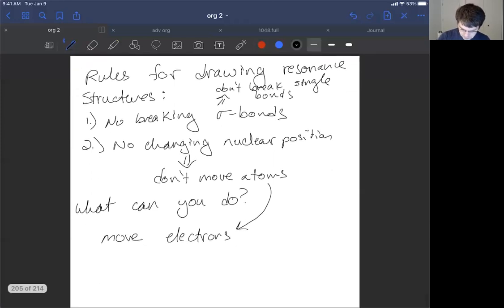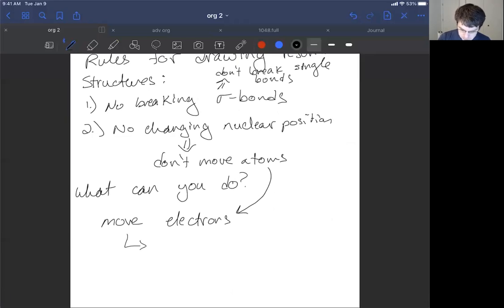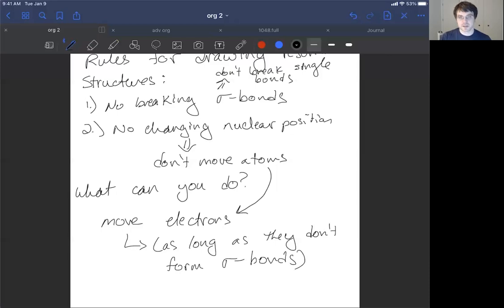And related to number one, as long as they don't form sigma bonds, that is, as long as they're not part of single bonds, you can move them, which allows us to move things like the electrons in pi bonds.